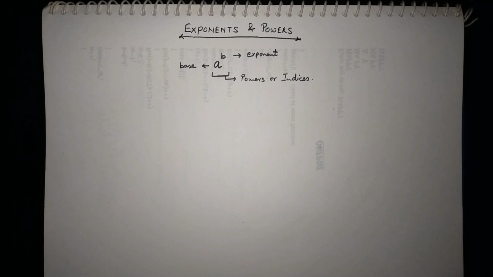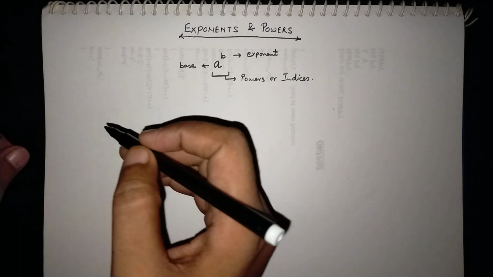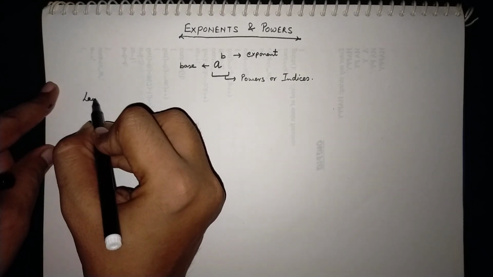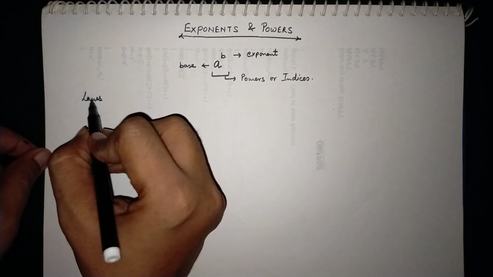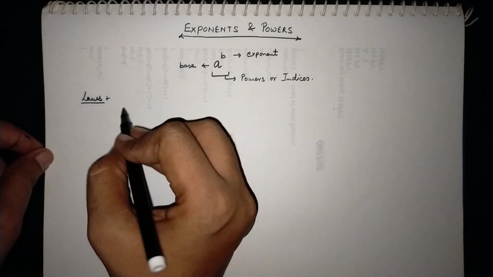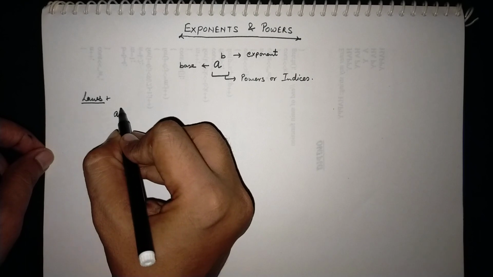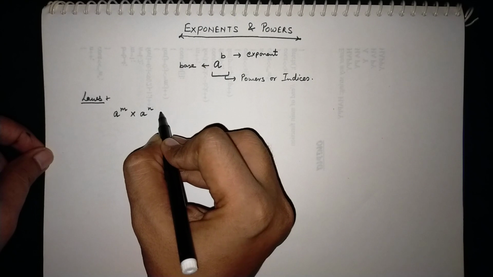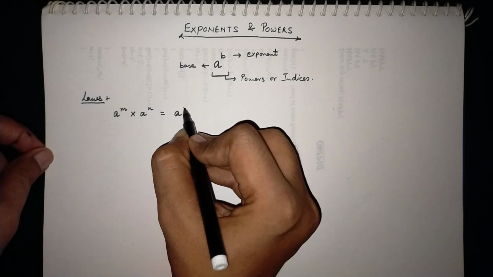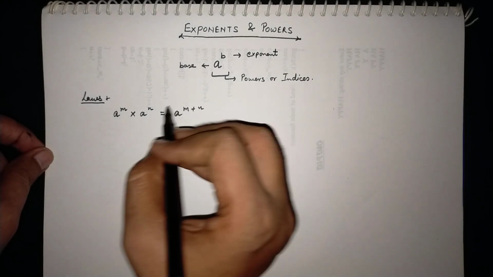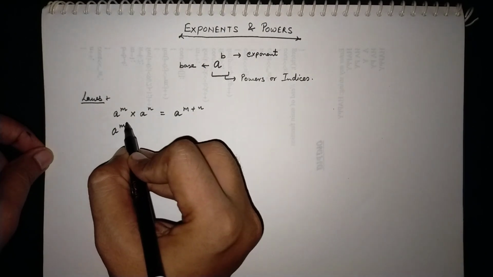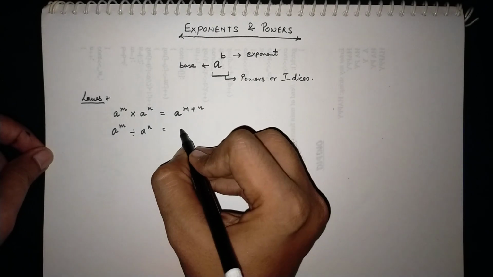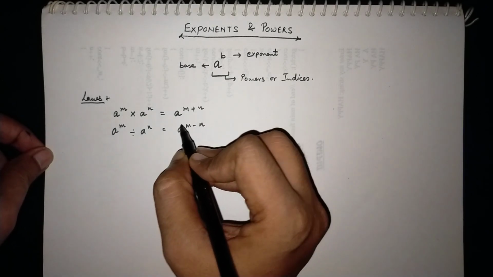Then we go for the laws of exponents, and the laws are: a to the power m into a to the power n equals a to the power m plus n. a to the power m divided by a to the power n equals a to the power m minus n.